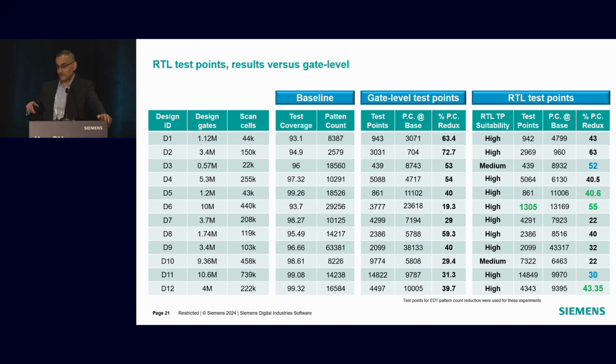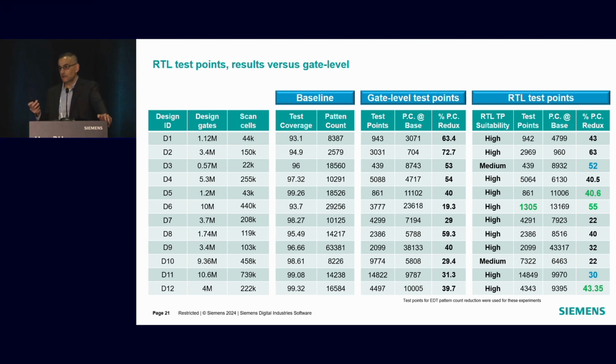The question is, how is it possible that the tool can do better at RTL in some cases than at gate level? A lot of times it depends on the complexity of the RTL. If it's something that is very editable, it's actually easier to insert test points at RTL because we can insert them exactly where we want them.